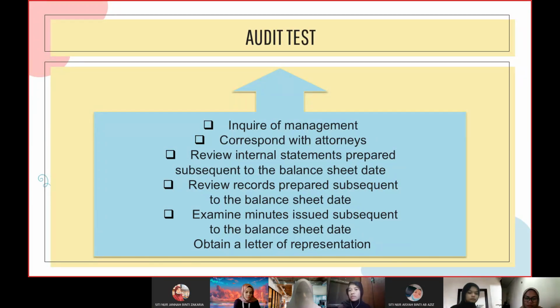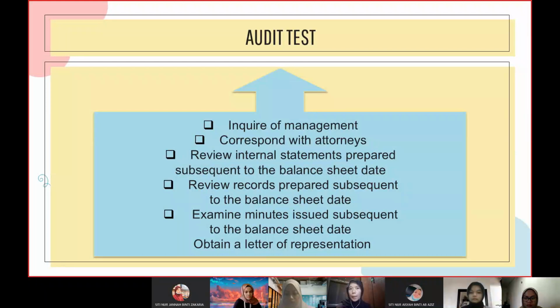Also, we will review records prepared subsequent to the balance sheet, examine minutes issued subsequent to the balance sheet date, and also obtain a letter of representation. Okay, that is what we need to audit in subsequent events.